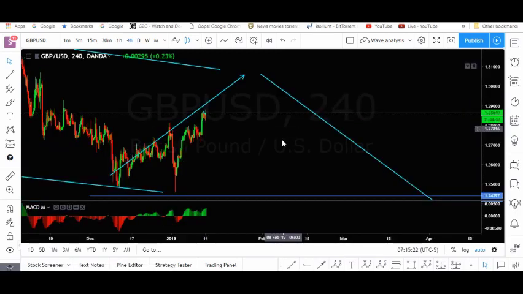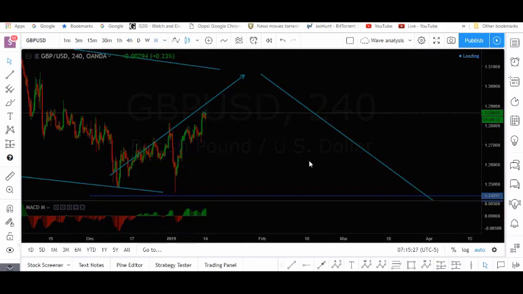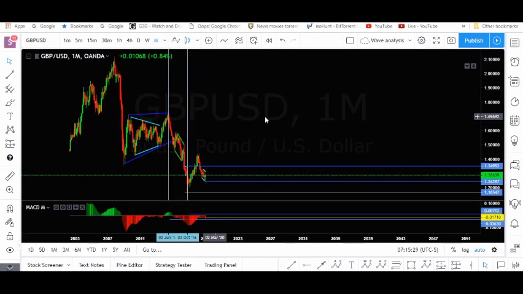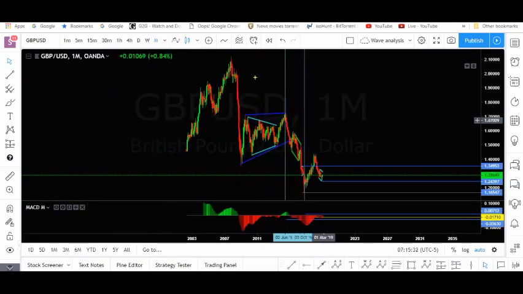So here in the charts, let's go to a monthly and see how those corrective patterns would have looked in a monthly chart. So basically we had this impulse move down, and then we had this monthly regular flat pattern, and once it completed that, we got the next very good impulse move down.